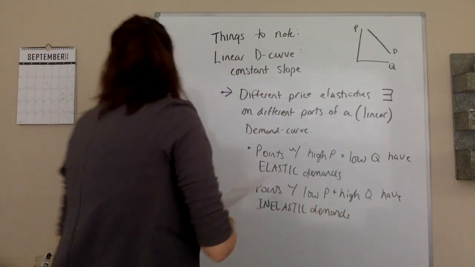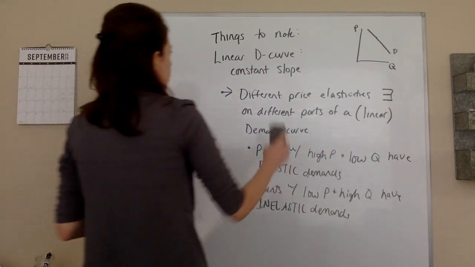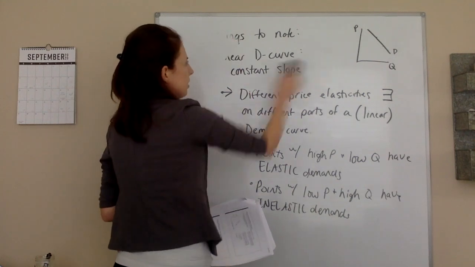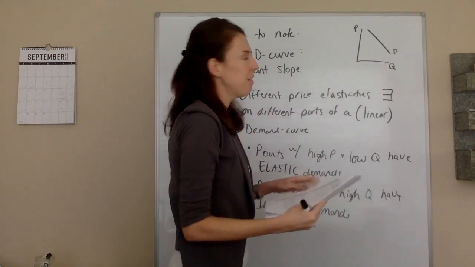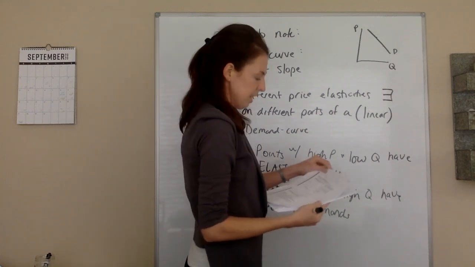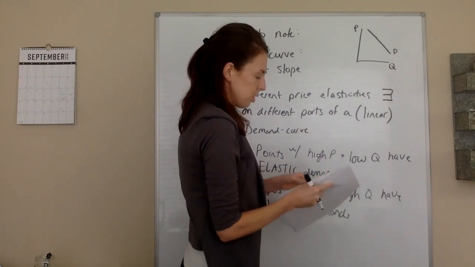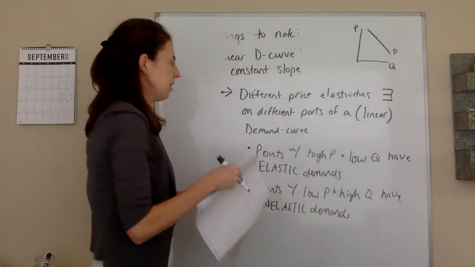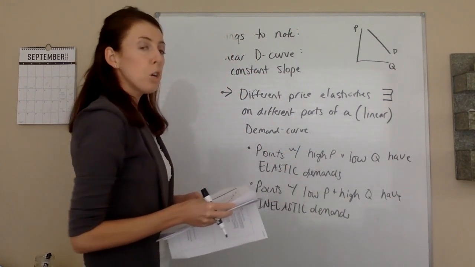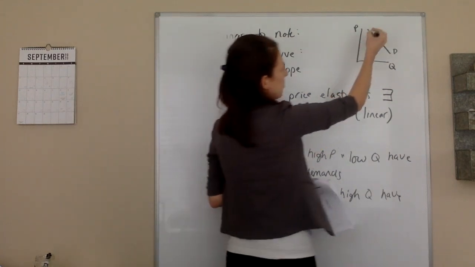Okay, now the picture. So for the picture, I want you to think about, actually I can use that picture. Okay, redraw this in your notes. So have a demand curve that's linear. Okay, so what is going to be true is that on the upper portion of the demand curve, okay, what is true about the upper portion of the demand curve?